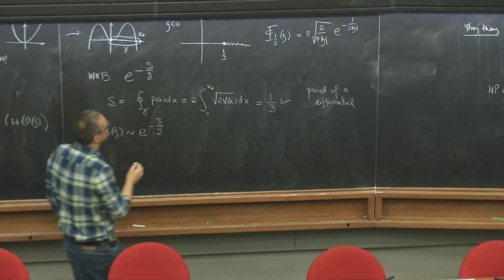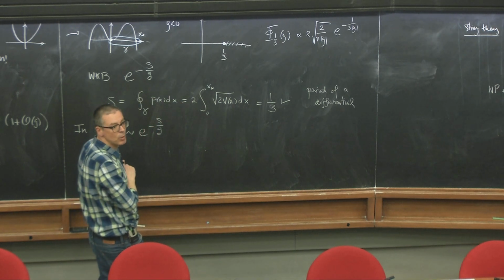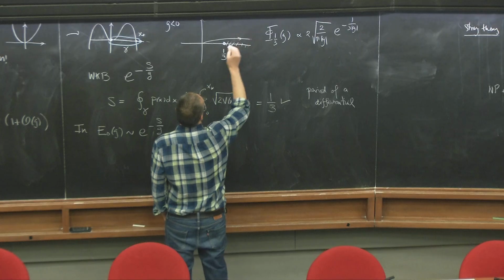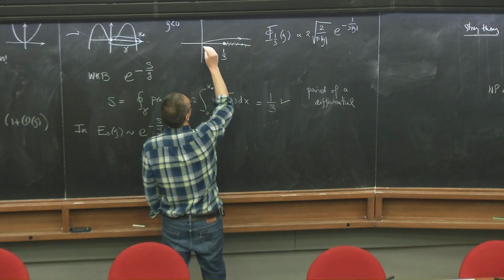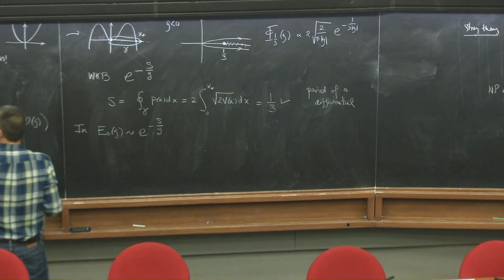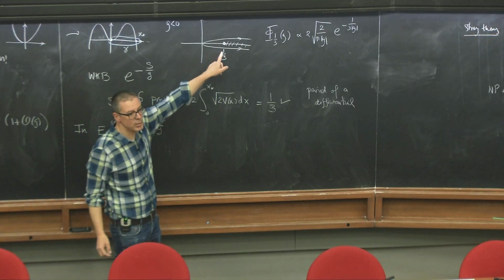Now, what is interesting is that you can revisit this relationship from the point of view of resurgence. So remember that here we have a singularity, so we can actually consider that the series when g is negative will have a singularity here. I mean, the Borel transform will have a singularity here.